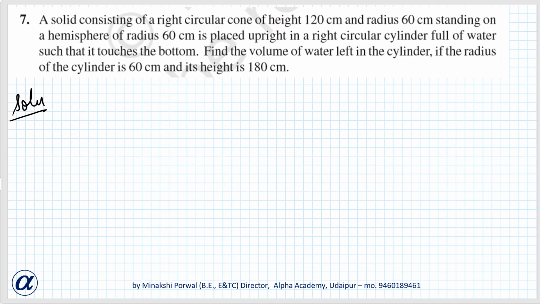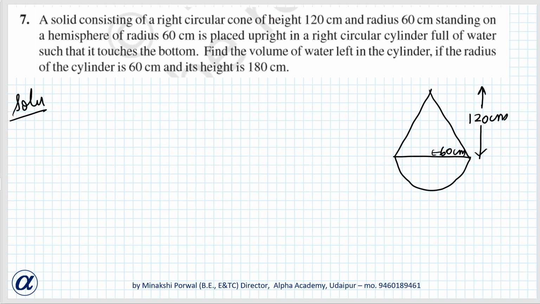First of all, we have to think the solid consists of a cone standing on a hemisphere. So basically, the figure is this way. There is a hemisphere. On it, there is a cone. Height of the cone is 120 centimeter. Radius of the cone is 60 centimeter.